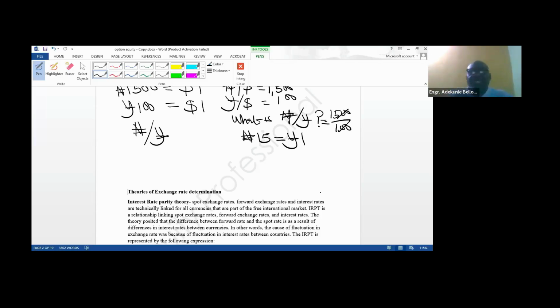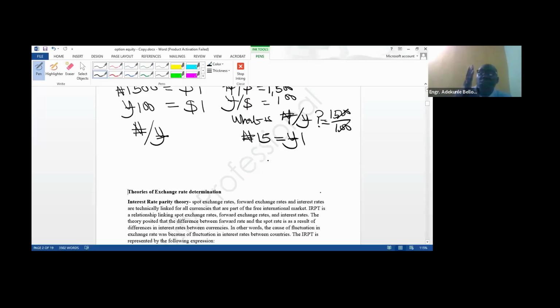Just one currency, one paper naira, one paper dollar. What makes dollar to be stronger? Why is it that I require 1,500 naira just to buy $1? How do countries determine exchange rates? This is the question we are trying to explain here now.